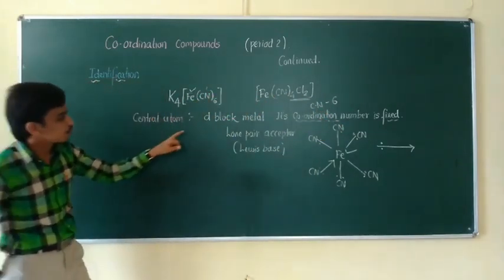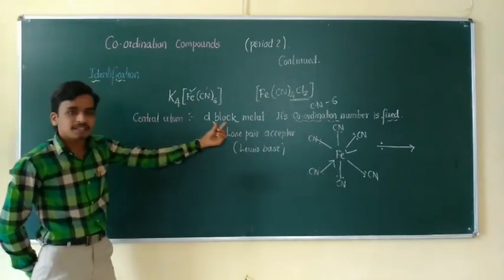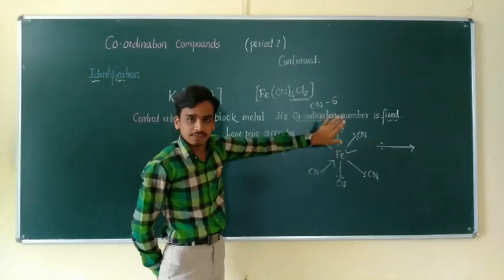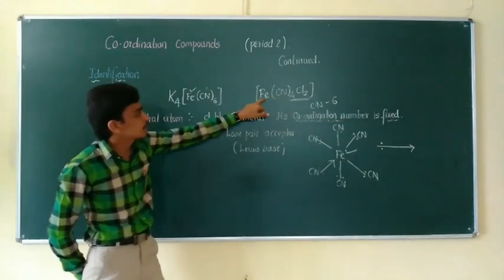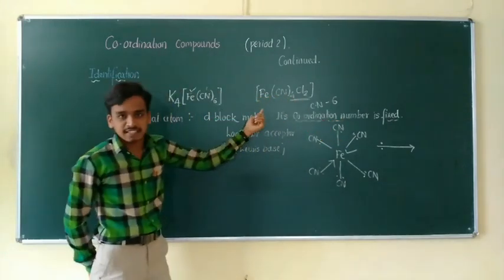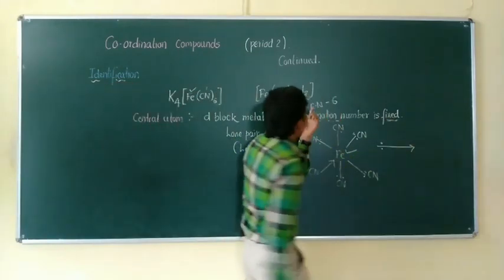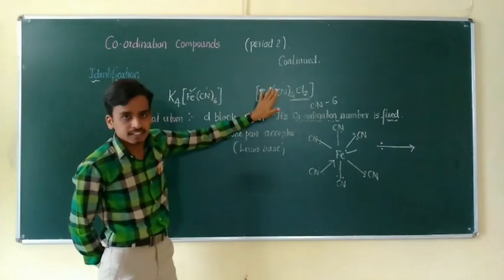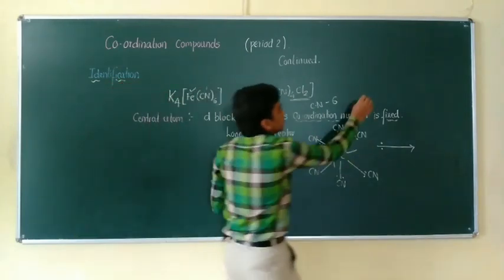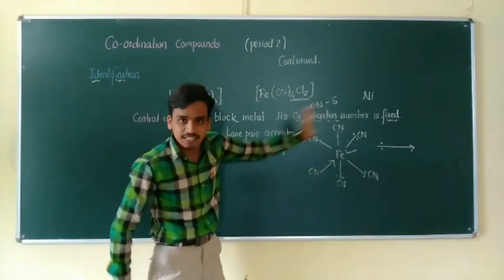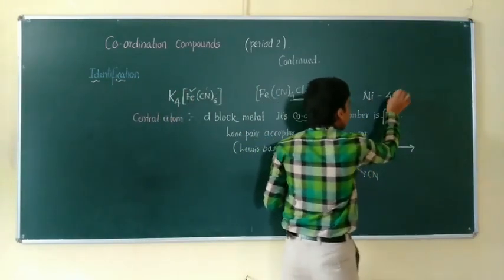What are the points to be remembered? The central atom is always a d block metal and its coordination number is fixed. What is this coordination number? How many lone pairs of electrons it can receive; that is the coordination number, and it is always fixed. For example, for iron it is 6. In the case of another metal atom, nickel, the coordination number is 4.